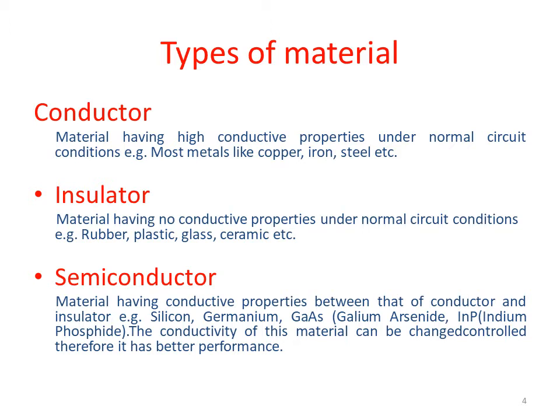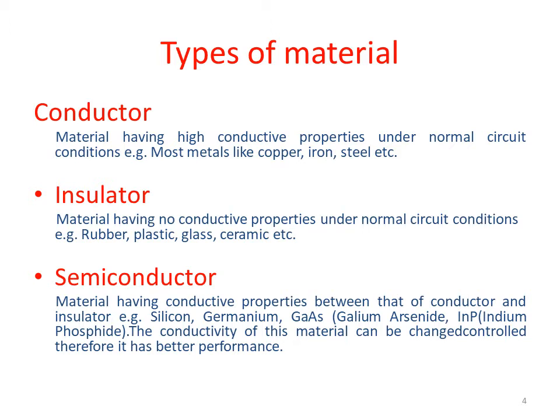The other type of material is the insulator. Those materials which do not allow any current to flow through them under normal circuit conditions, or even at special circuit conditions, are called insulators.